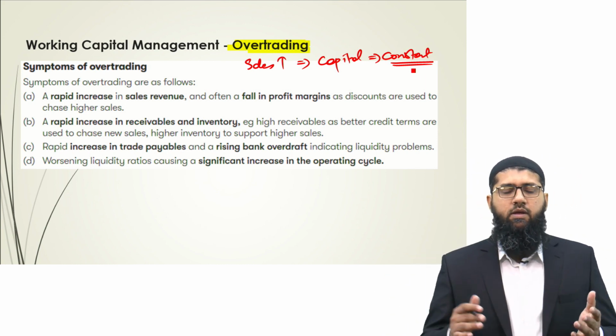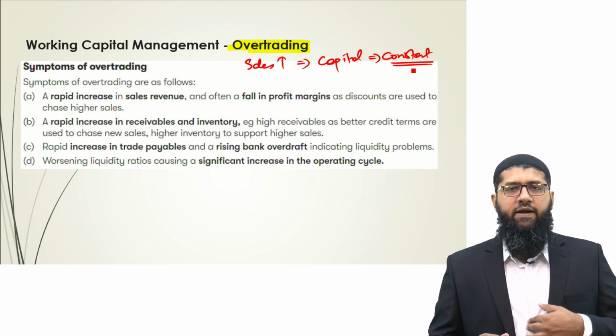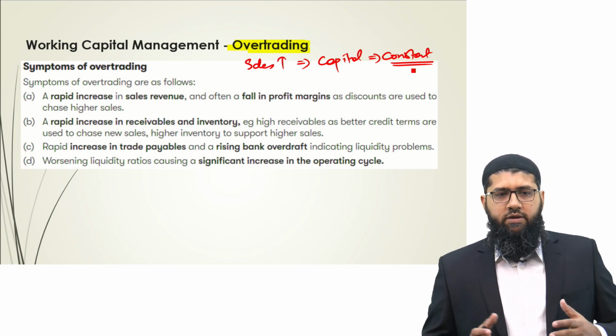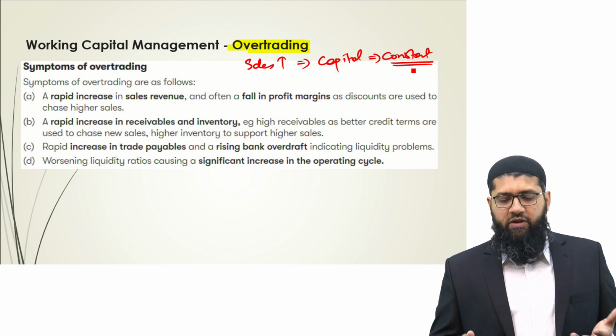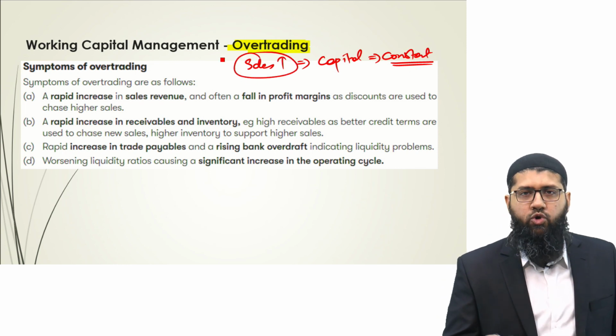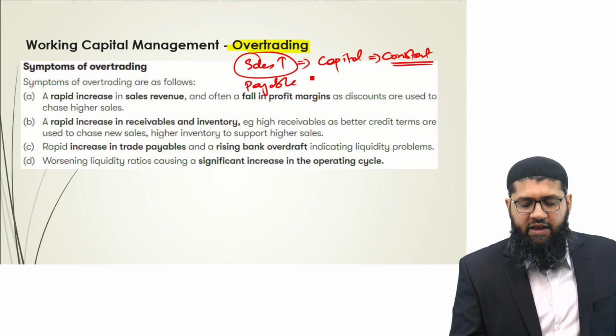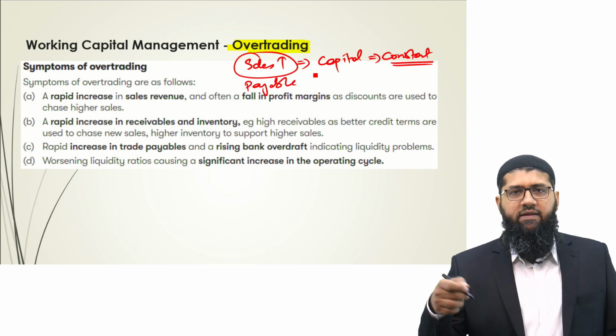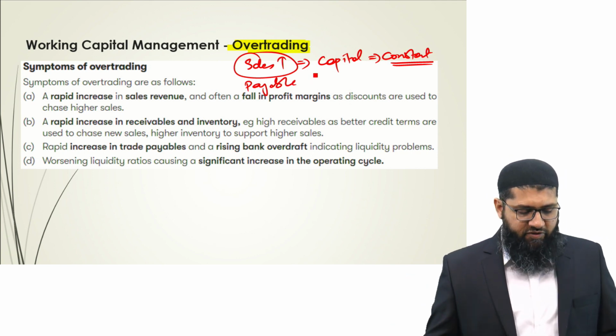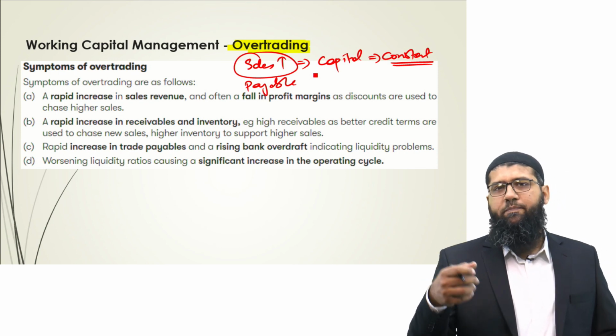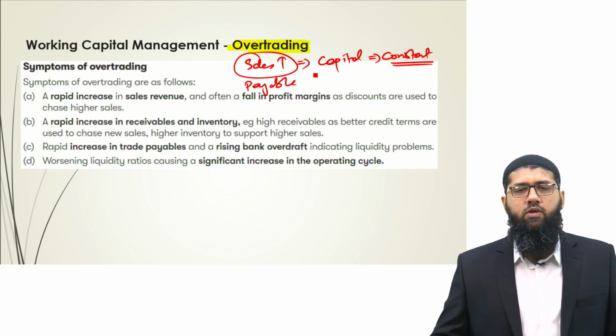So what would happen? There is going to be a situation where you would be funding this growth in the sales by increased payables, and increased payables mean increased cost of purchase, and increased cost of purchase means reduced profitability.